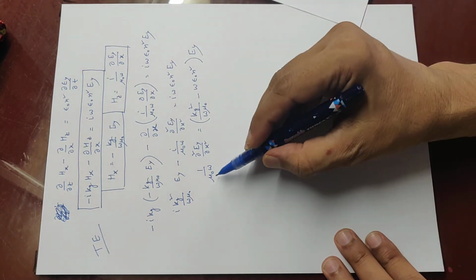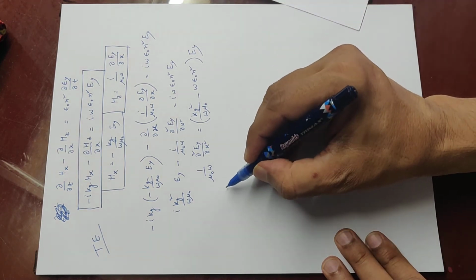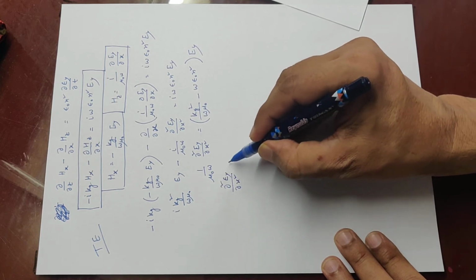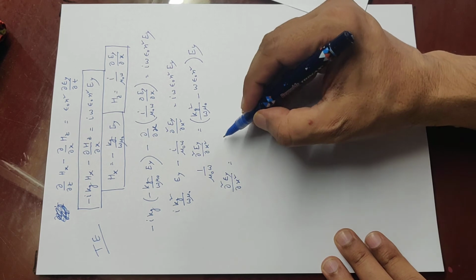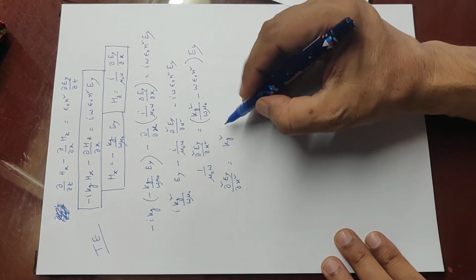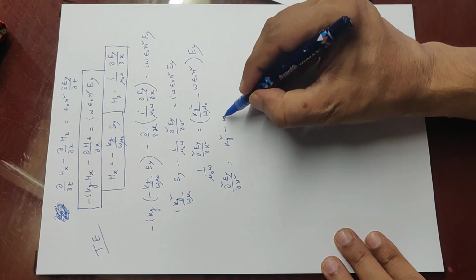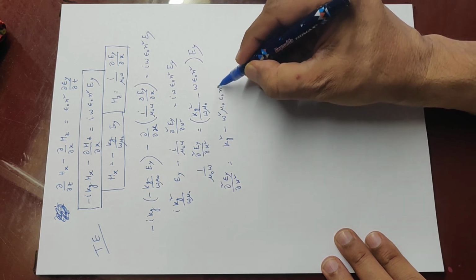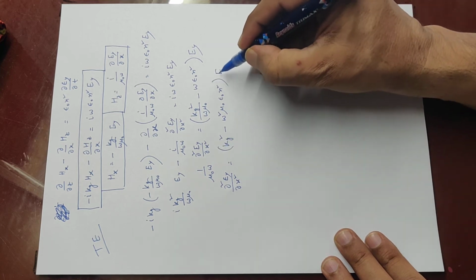Taking mu naught omega also to that side, del square Ey by del x square is equal to kg square minus omega square mu naught epsilon naught n square into Ey.